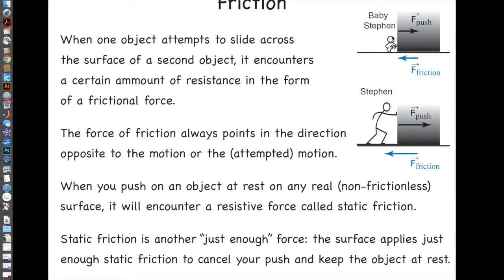So if you push just a little bit on it, the surface will resist by applying a force of static friction equal and opposite to the magnitude of the push. If you push harder, it pushes back harder and keeps the object still regardless of the force that you apply.